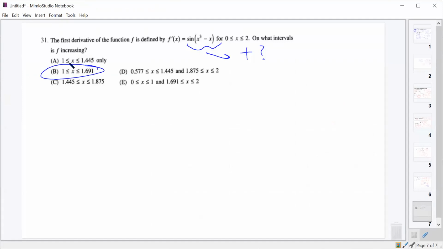Everybody good there with 31? Yes. Wonderful. Anybody else have any other questions? Those are all the ones that people put in the chat, I think, unless I missed some.